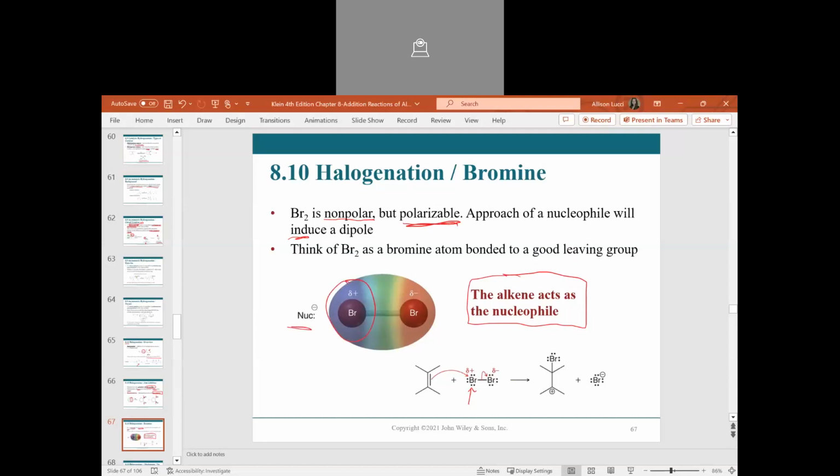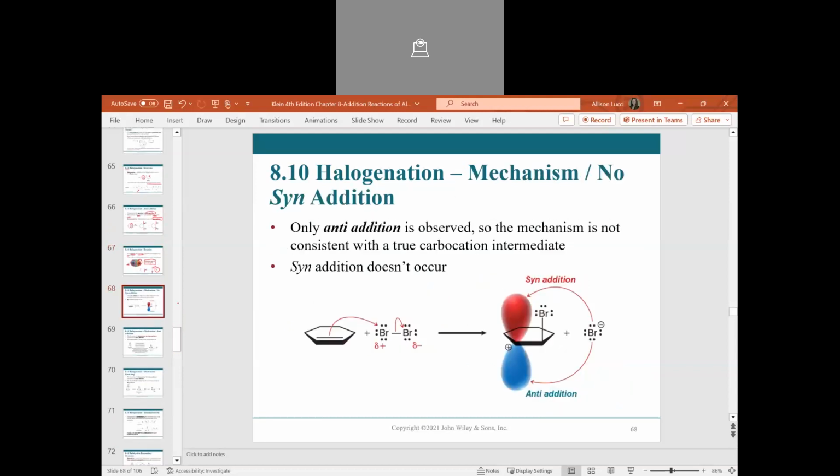The electrons will then be passed on to the other bromine. So we add one bromine on this end and create a carbocation on this side, and the other bromine that has inherited the electrons involved in the bond has now become a bromide ion. That will continue in the next step to add.